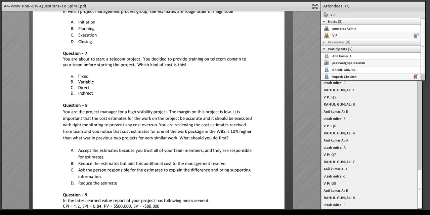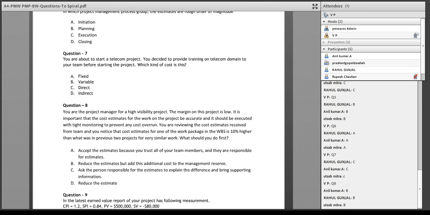It is important that the cost estimates for the work on the project be accurate and it should be executed with tight monitoring to prevent any cost overrun.